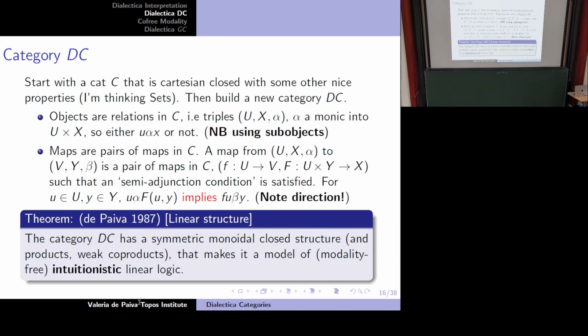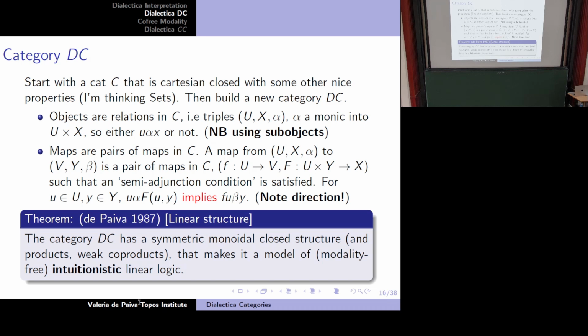And hence, now I'm going to write my objects as (U, X, alpha) and (V, Y, beta). And the morphisms, the things that are supposed to internalize implication in the Dialectica, are pairs of maps, little f from U to V, capital F from U cross Y back into X. And here comes the exciting bit: such that a semi-adjunction condition is satisfied.